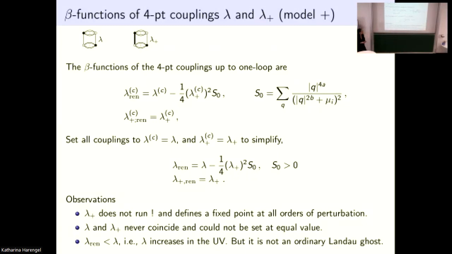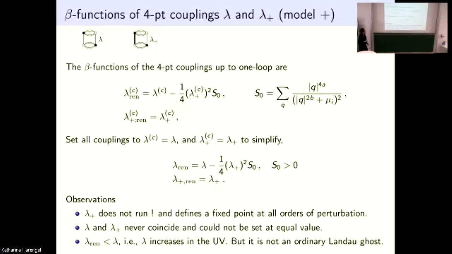Observations before I keep going: lambda plus does not run. Another thing to note is that I can never set lambda and lambda plus to be the same, because these equations would not be consistent with each other.